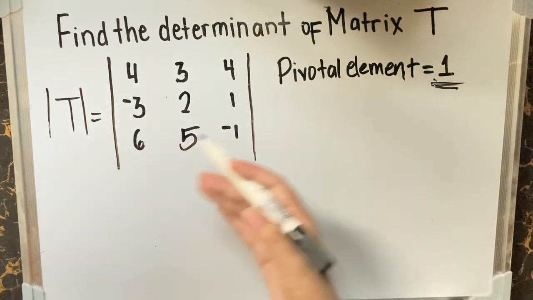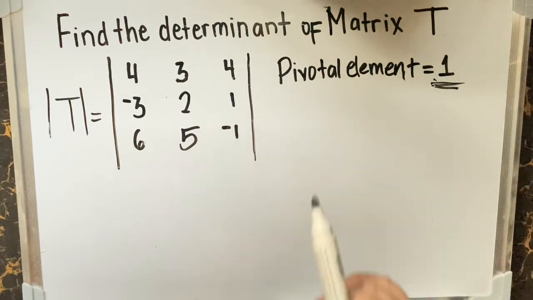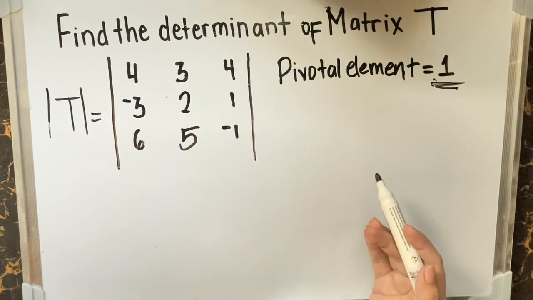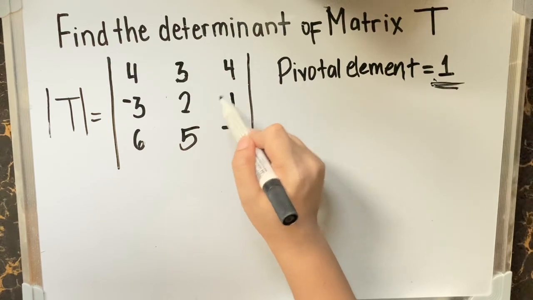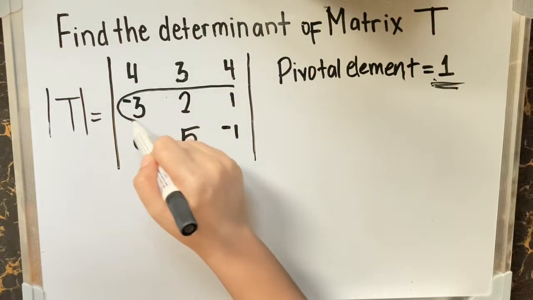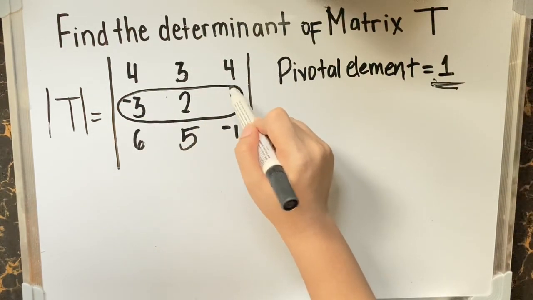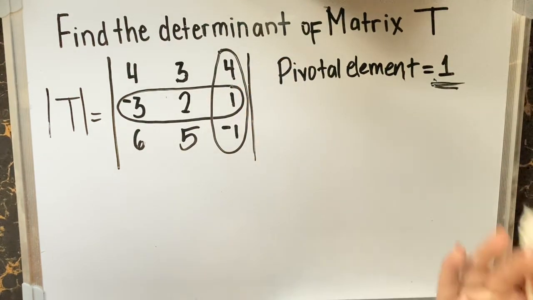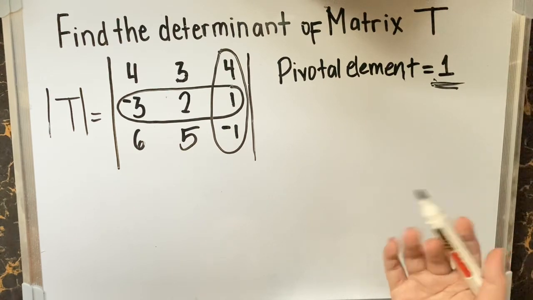So, dito sa example natin, we only have one element that is equal to positive 1. Makikita natin ito sa second row and third column. So, we'll just need to mark it or highlight it para hindi tayo malito.